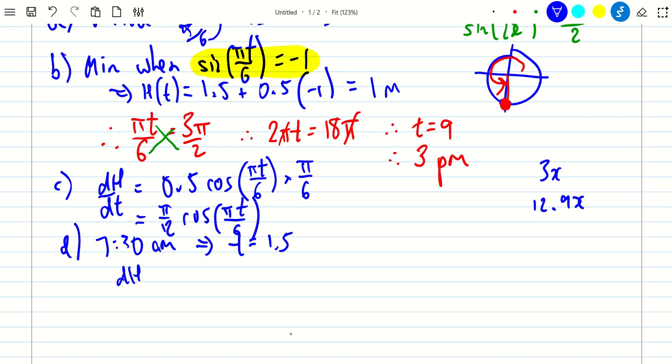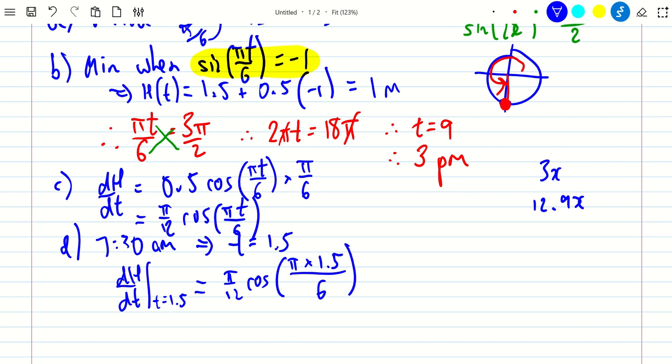So dH/dt when t is equal to 1.5 is equal to, so we're going to sub that in there, pi over 12 cos pi times 1.5 over 6. It wants the exact value, so obviously we can do this by hand. We've got a decimal inside of a fraction, which is always a bit gross, so let's simplify this a little bit.